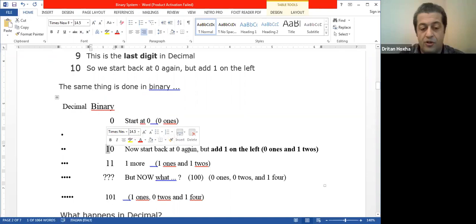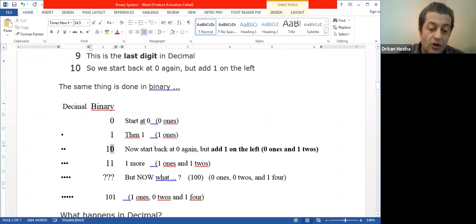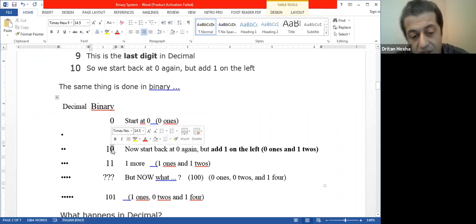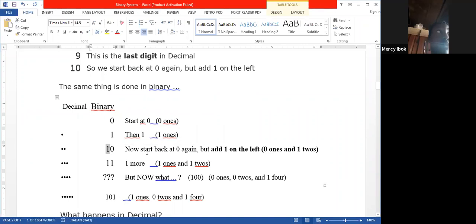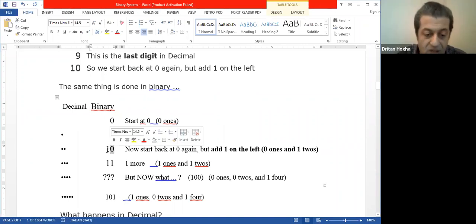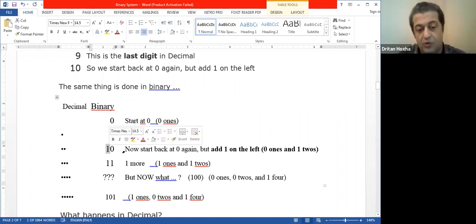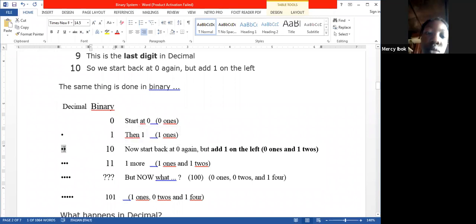So it is 0 in the position of ones and 1 in the position of twos. What does it mean? We have 0 ones and 1 two. So 2 plus 0 is 2.